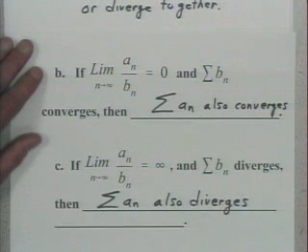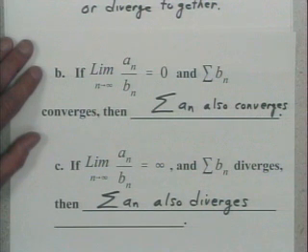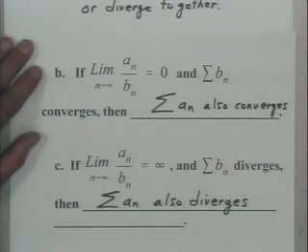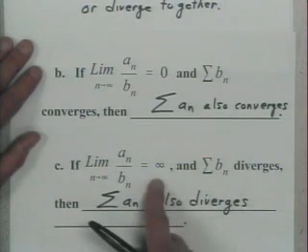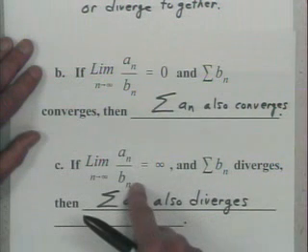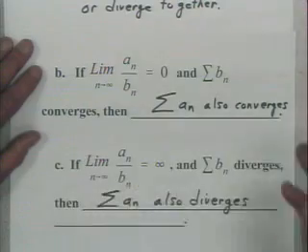Okay, so there's 3 things that can happen. The limit turns out to be just some positive number, then whatever one does, the other does. If it turns out to be 0, then if one converges, the other one will too. If it turns out to be infinity, then if one diverges, the other one will. What if the limit turns out to be negative? It can't. You know why? Because both of these terms have to be positive, see? So the worst that could happen is the limit is 0. It could be a positive number, or it could be infinity. Okay, we've covered the 3 possibilities.